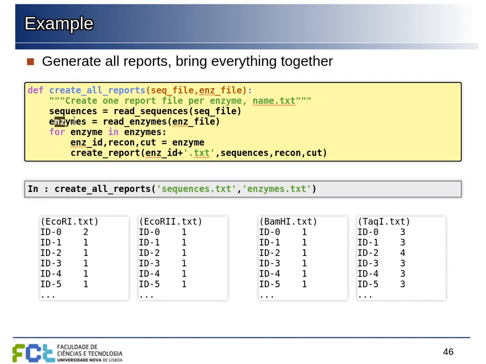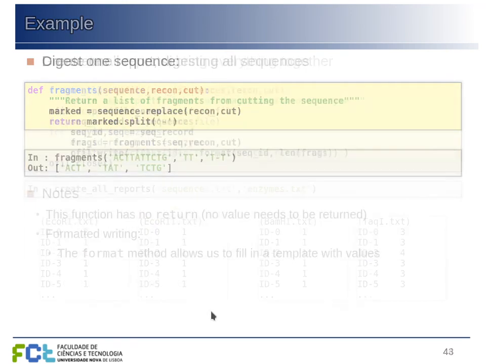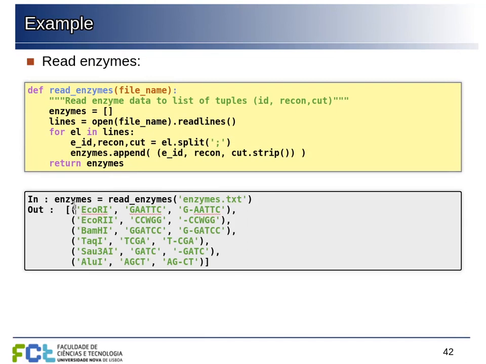And now for each enzyme, it will unpack the information we have on the list into the identifier, the recognition site, and the cutting point, which is this ordering of the tuples that we are creating when we read the information from the file.